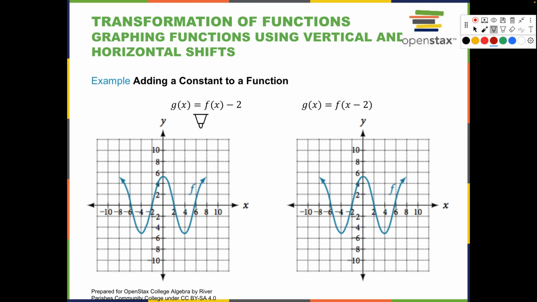And if I've got this new function that is f of x minus 2, what does that look like? It's the same function. Everything gets moved down 2. So 1, 2, 1, 2. I move every point down 2 and then connect them.